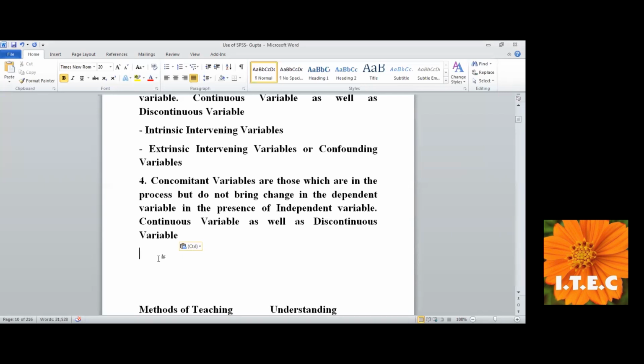I once again request you, please, if you are not conducting experimental research, then you should not use the words dependent variable and independent variable. But if your guide insists that you should write the words independent and dependent, please write.